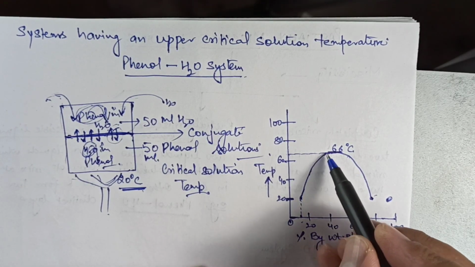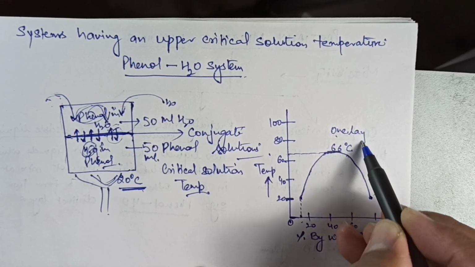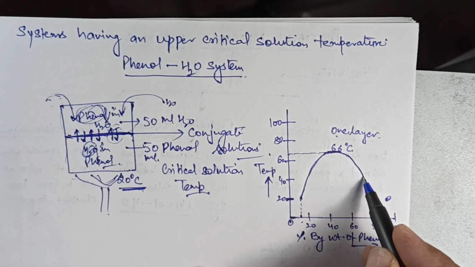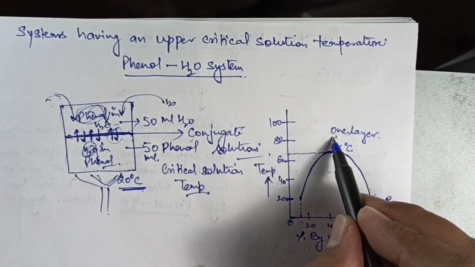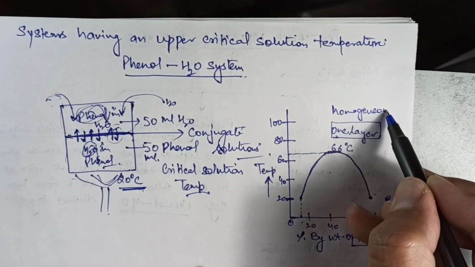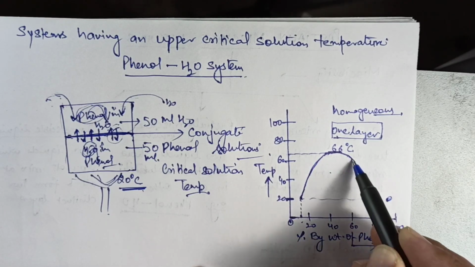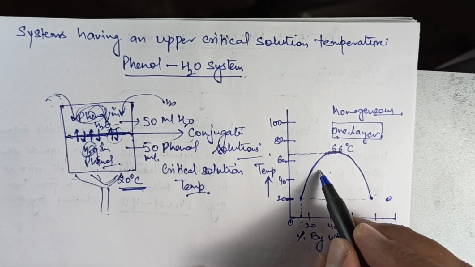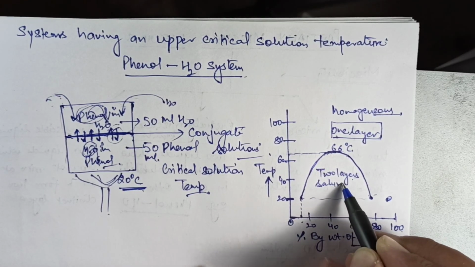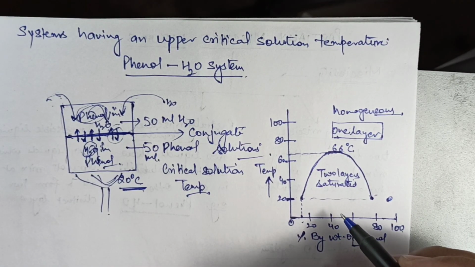Okay, if you increase the temperature further above the 66 degrees Celsius, there will be only one layer, and there will be a parabola type graph which represents that outside this graph there will be one layer which is a homogeneous layer. Okay, and inside this parabola there will be two layers, two saturated layers. That means in this area there will be a heterogeneous solution.